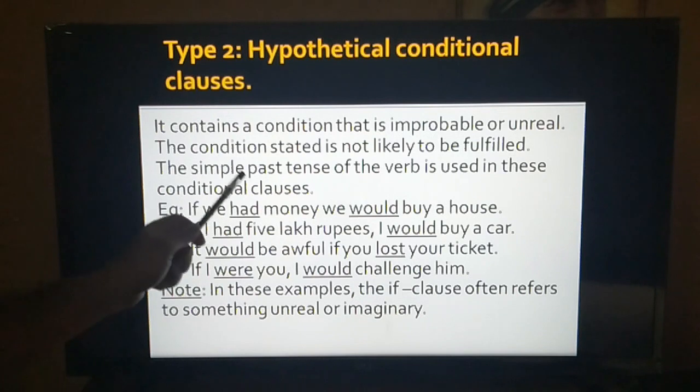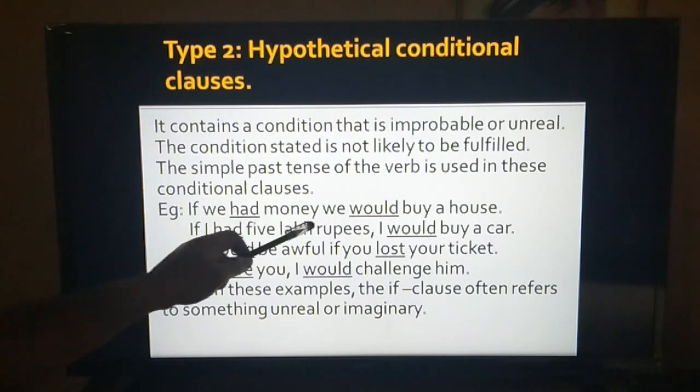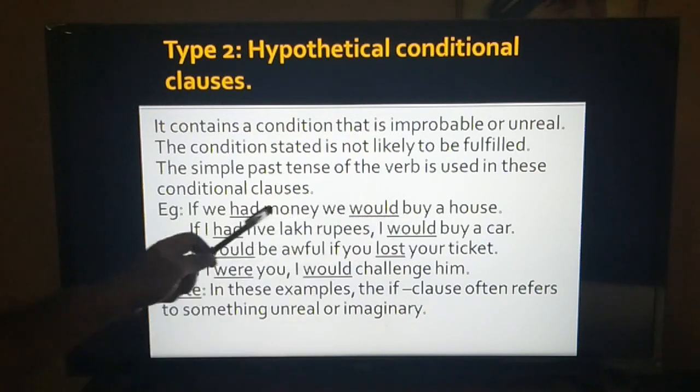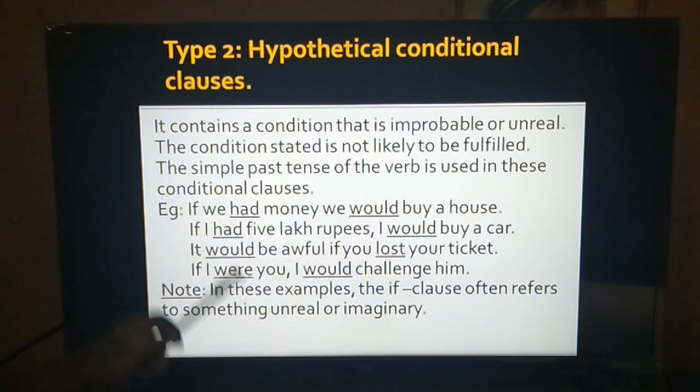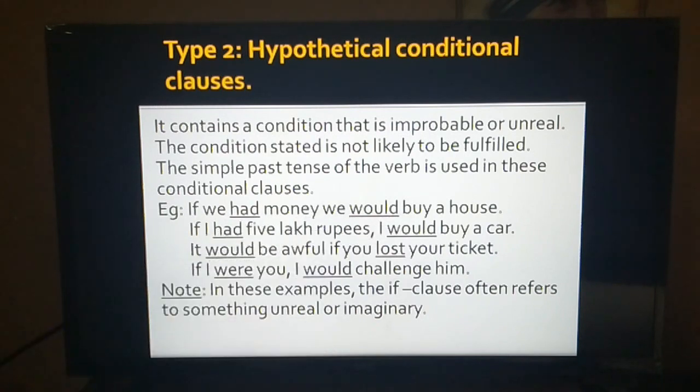The simple past tense of the verb is used in these conditional clauses. So here we use the simple past tense of the verb. In the conditional clauses we use simple past tense. See, if we had money, we would buy a house. If we had money, put a comma there. If we had money, we would buy a house.